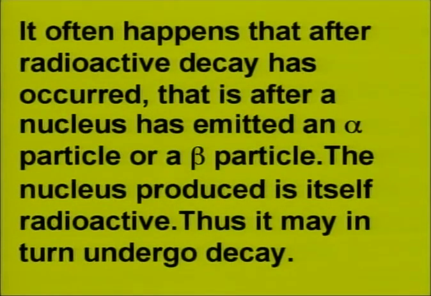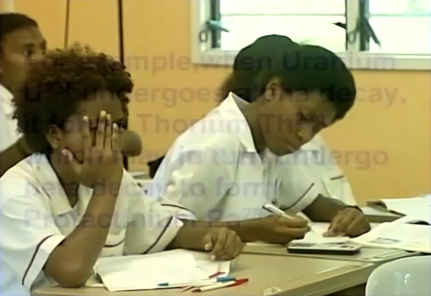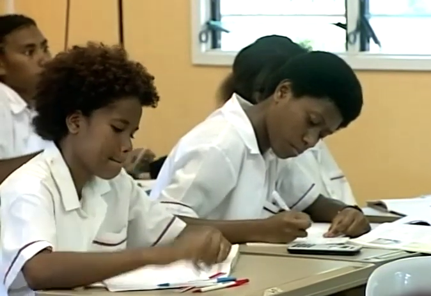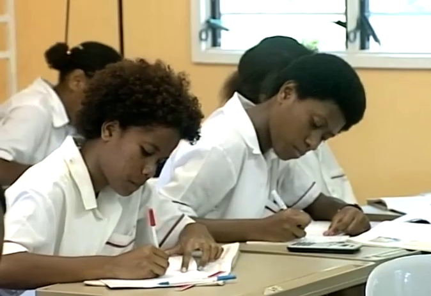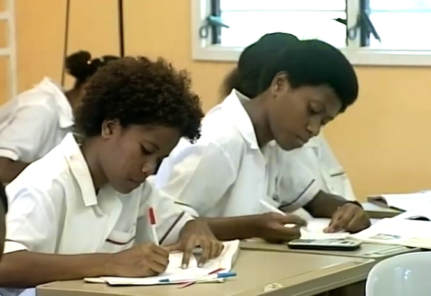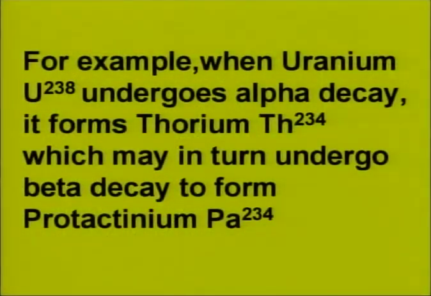Here is the next slide. Okay, that is one example given. Uranium-238, and then it goes through decay.